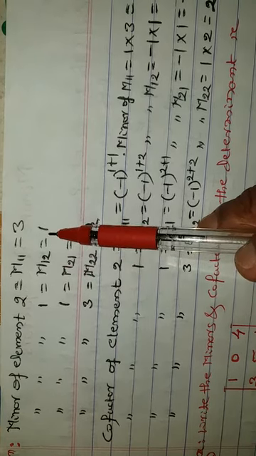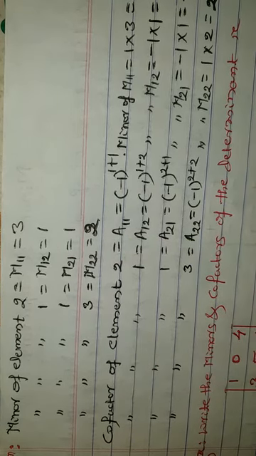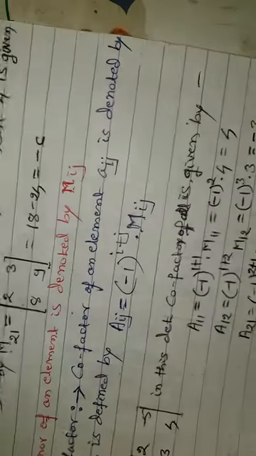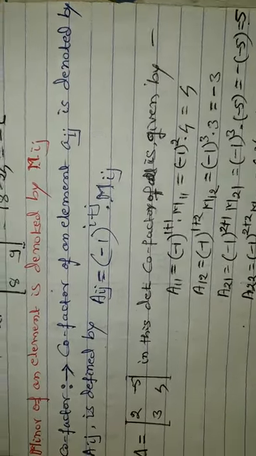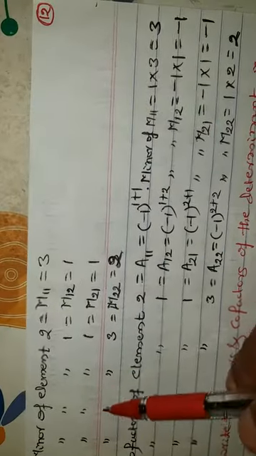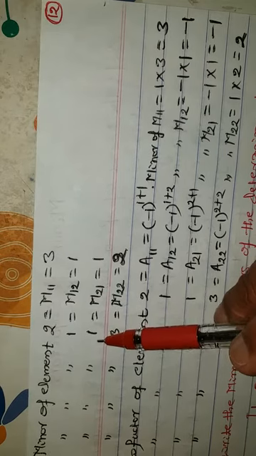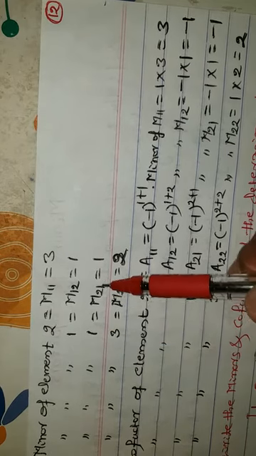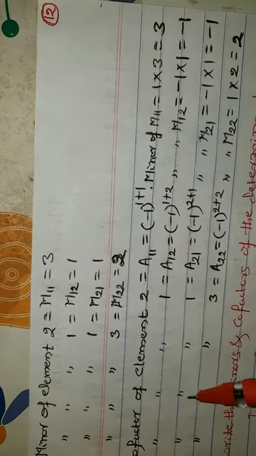Then the minor of the third element, which is in the A21 position, is denoted by M21. Hence, the minor of the element 1 is M21, which equals 1.